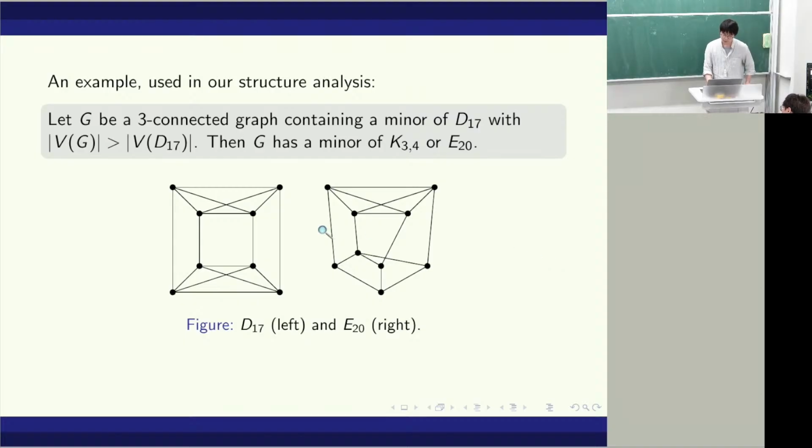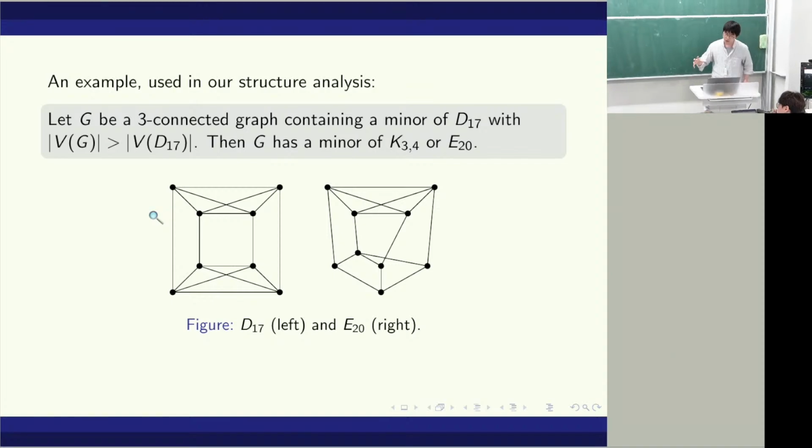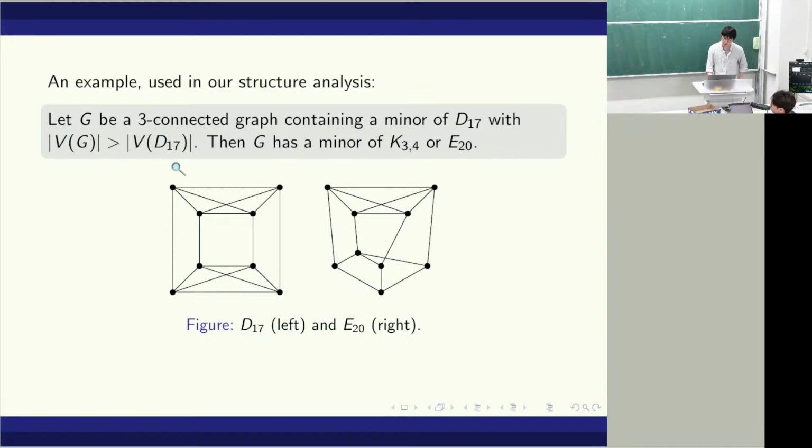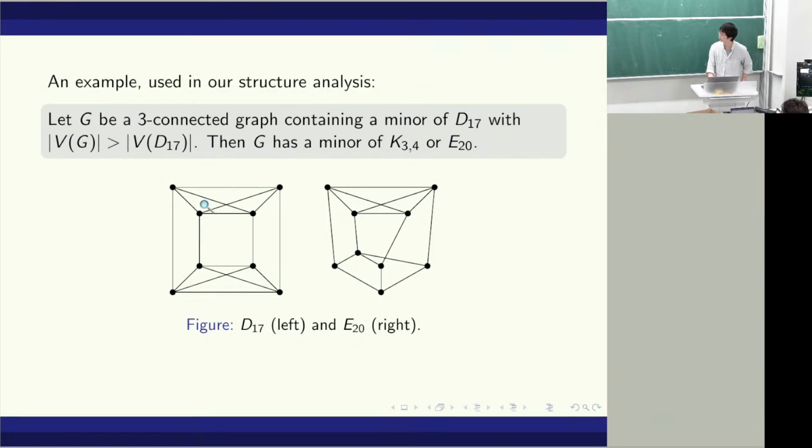So now we start with this graph, and we can show, using the seminal splitter theorem, since the graph has more vertices than D17, that G contains a larger minor, which is obtained from D17 by splitting at least one vertex. We can add some edges, or we can also not add any edges, but we need to split at least one vertex of D17.